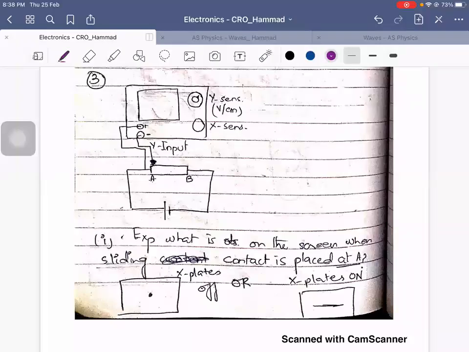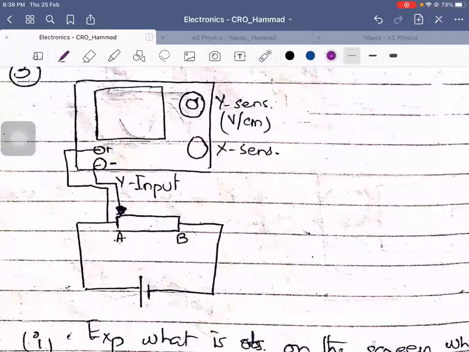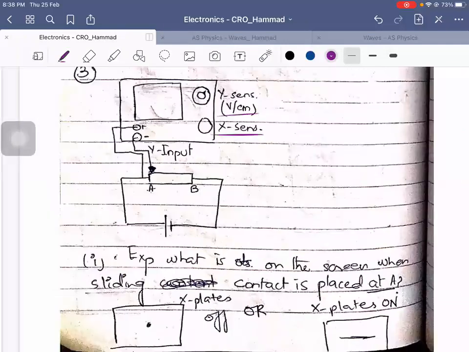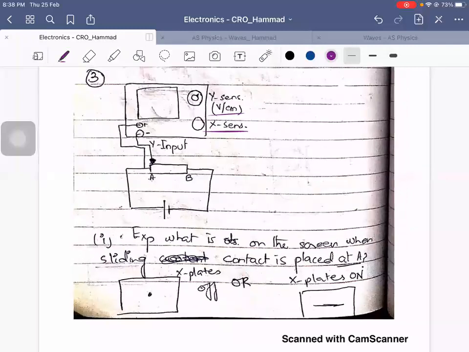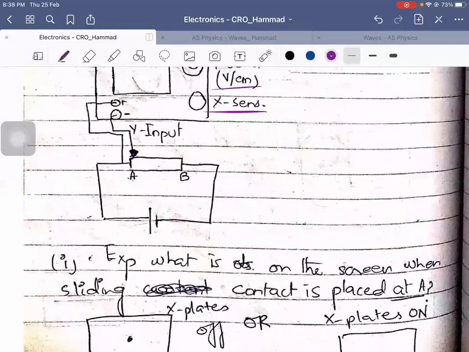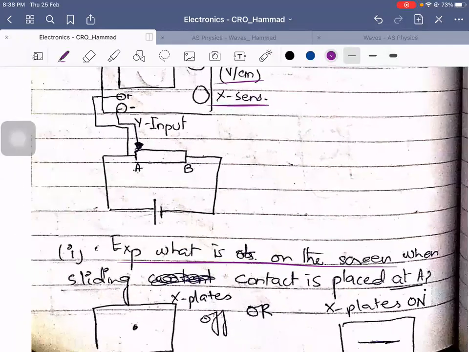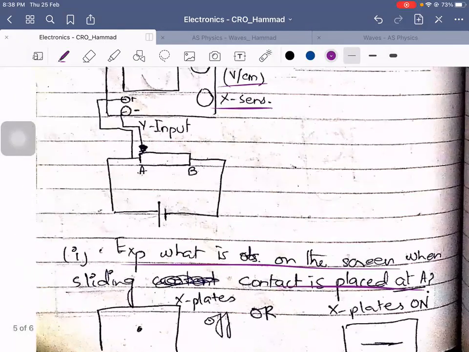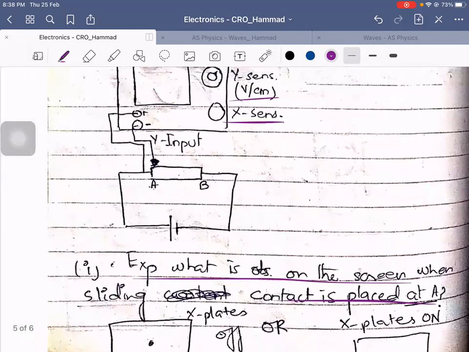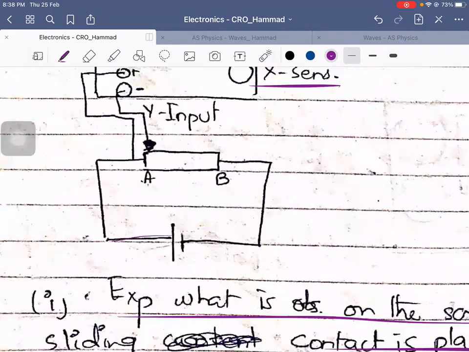Moving forward, let's say my Y sensitivity is connected. My X plates are initially off. Explain what is observed on the screen when the sliding contact is placed at A. At point A, there is no voltage drop. This is a potential divider circuit.